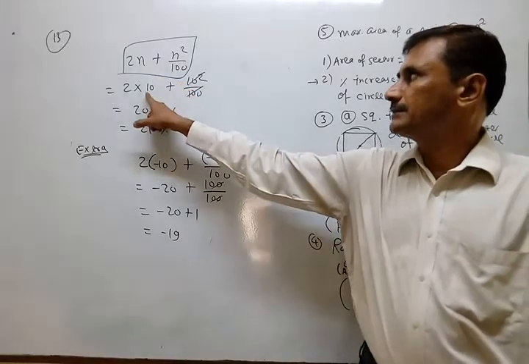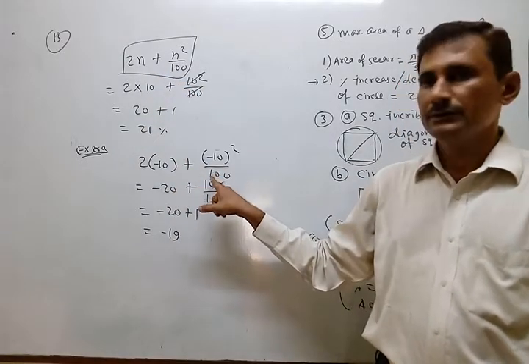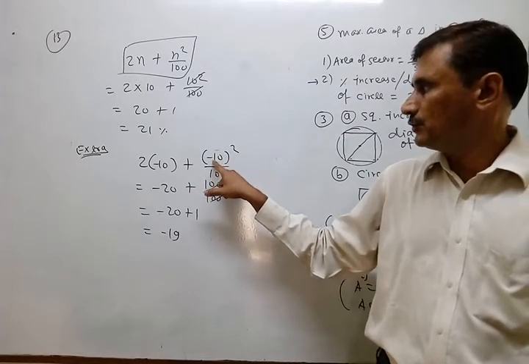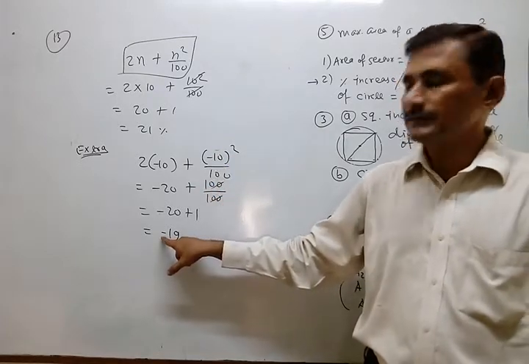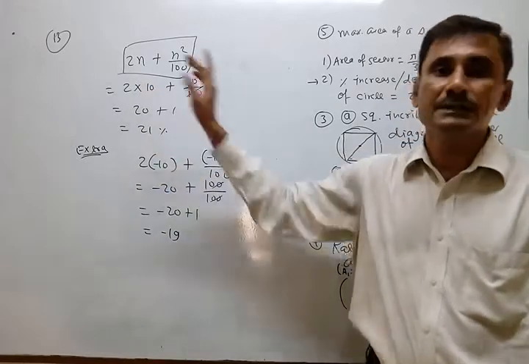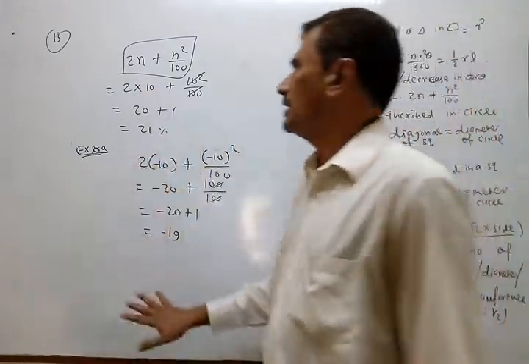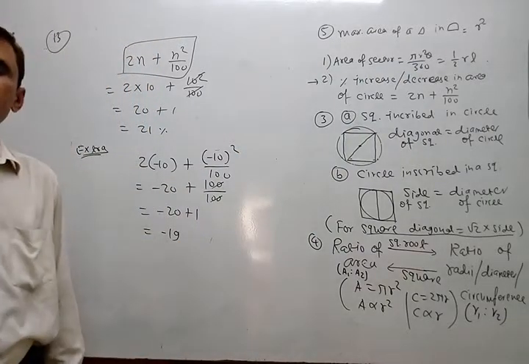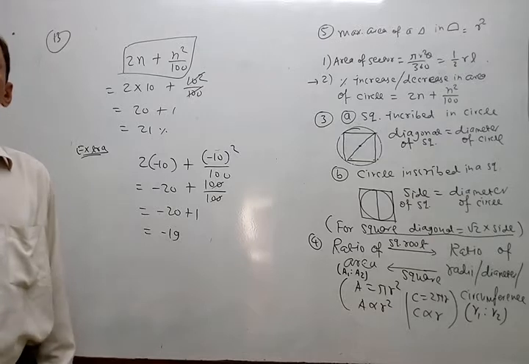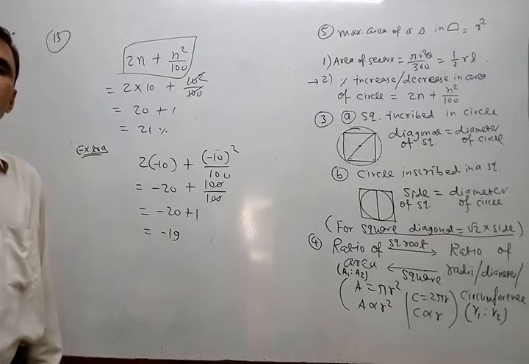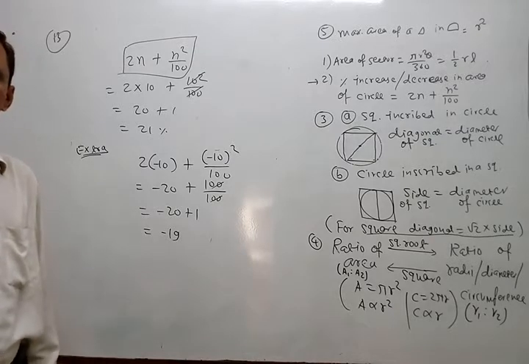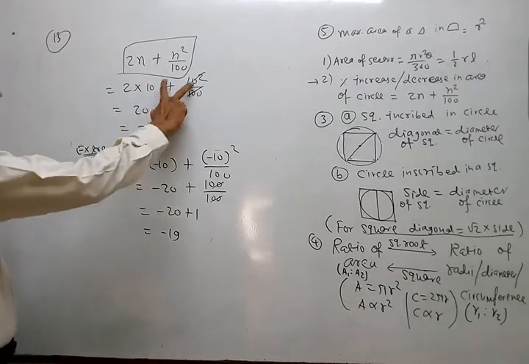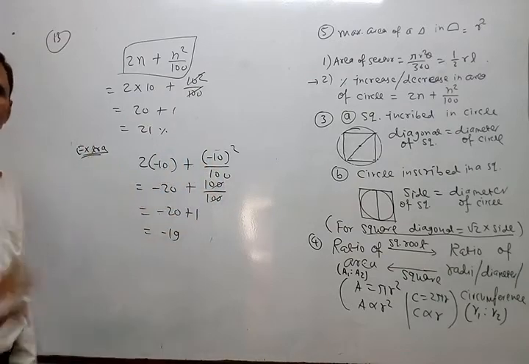For increase positive, for decrease negative. And be careful here, this is positive. Why? Because the square of any number is positive. And negative suggests decrease, positive suggests increase. So this way, if any percentage of increase or decrease in radius is given, then within a minute you can find the increase or decrease percentage in area by this formula.